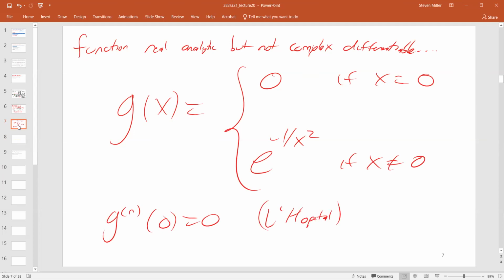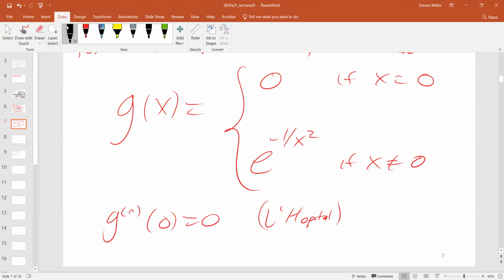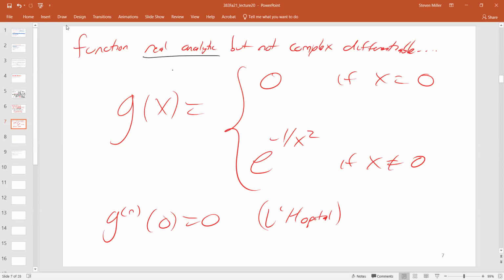Although then the question is, of course, depending on what we mean. If we are insisting on real analytic, we cannot use it. We can use it if we just say differentiable.